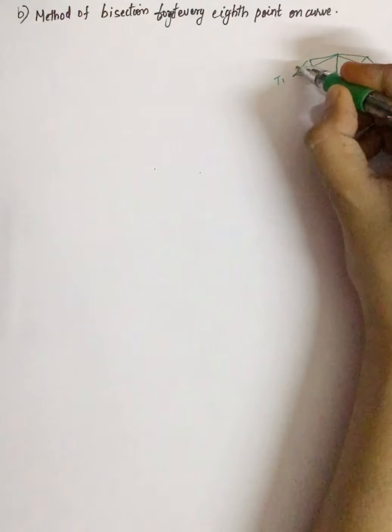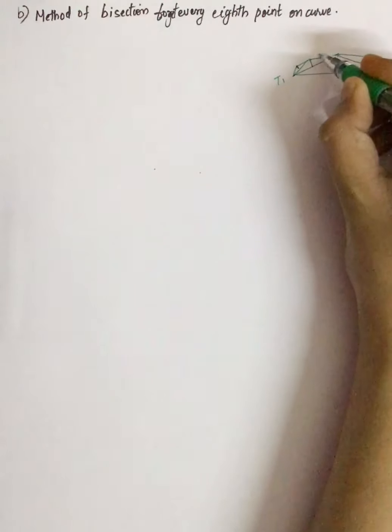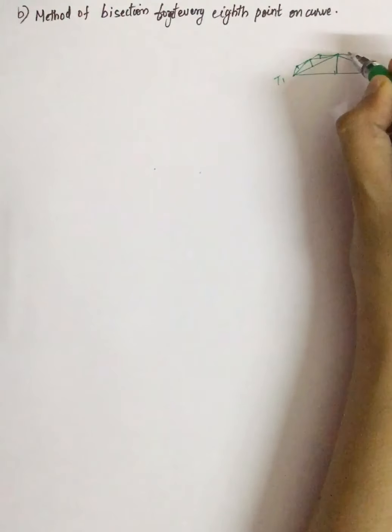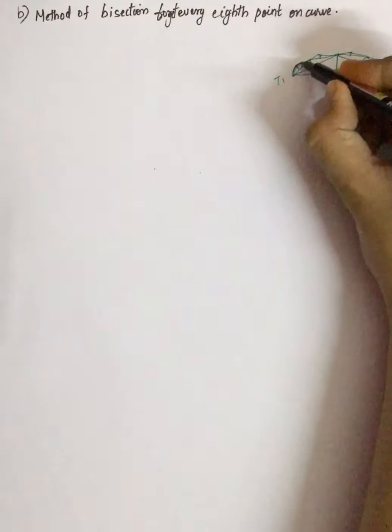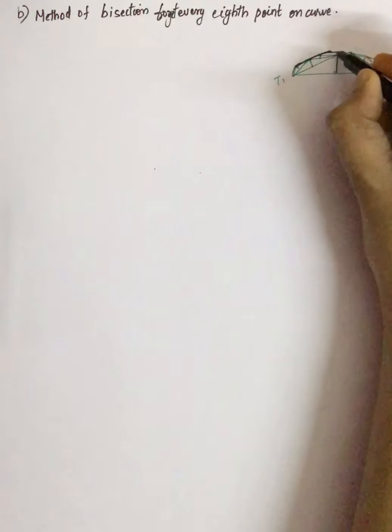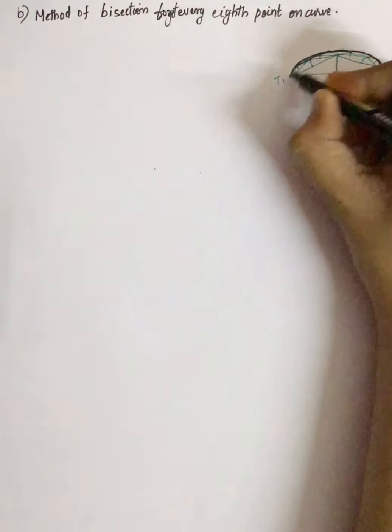Again, the midpoint of this line is calculated. Okay, now we will join the apex of all points to get the curve. So this is the method of bisection.